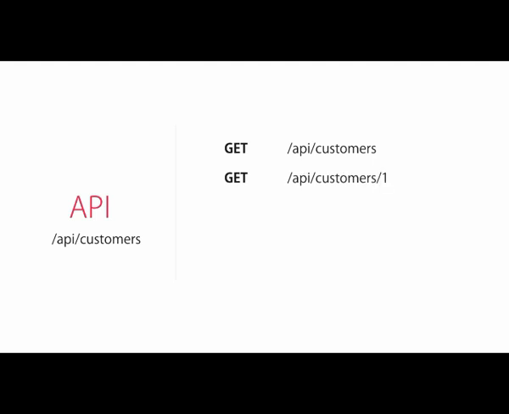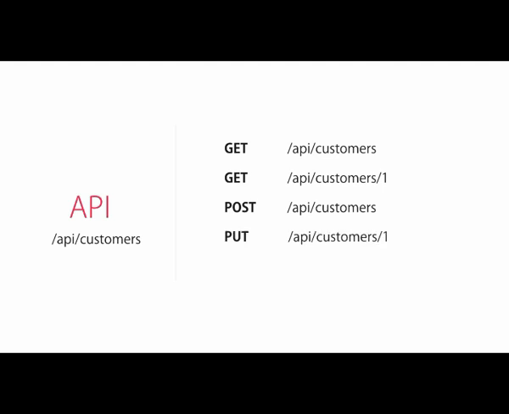To get a single customer, we'll send an HTTP GET request and add the ID of the customer in the URL. To add a customer, we send an HTTP POST request to this endpoint and add the customer data in the request body. Now, in case you're confused about HTTP GET and HTTP POST, these are basically different request types. We use GET to get a resource and POST to create one.